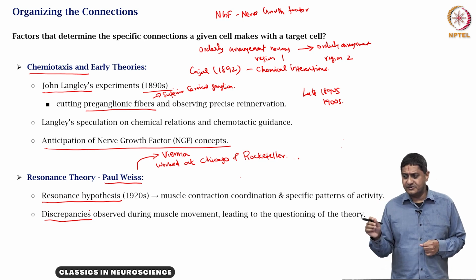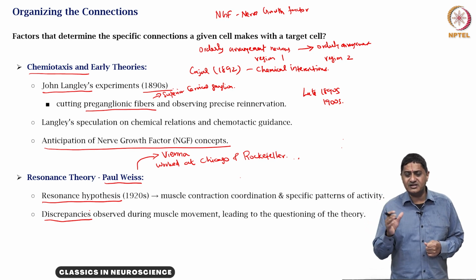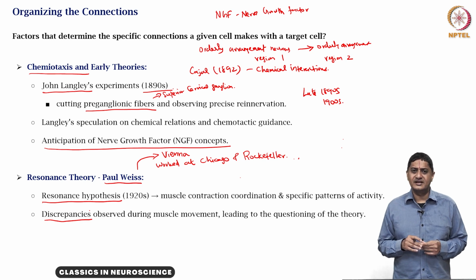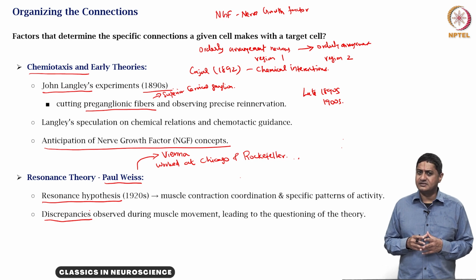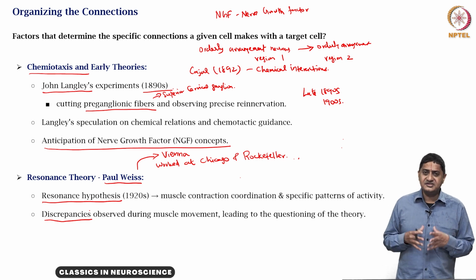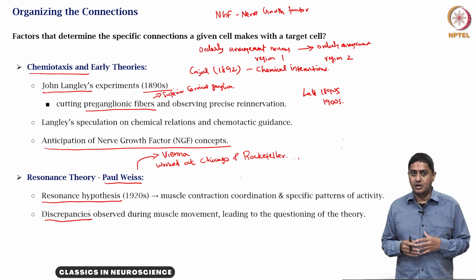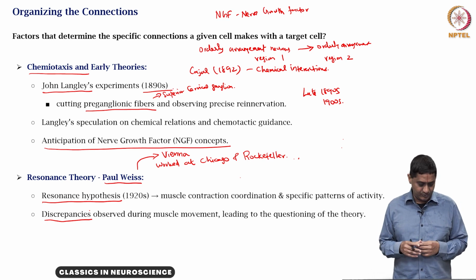But what was observed was that only specific neurons were getting activated. So, this meant that the resonance theory was being heavily questioned or almost on the verge of being disproved.